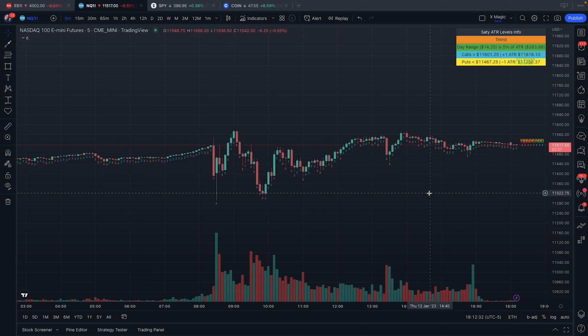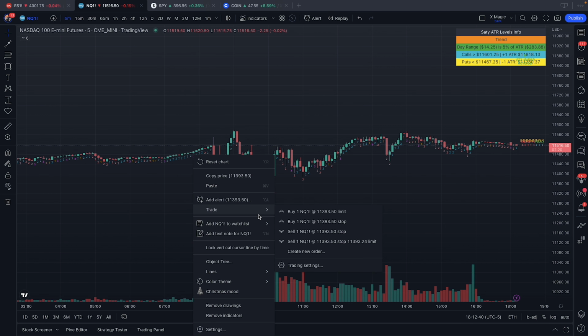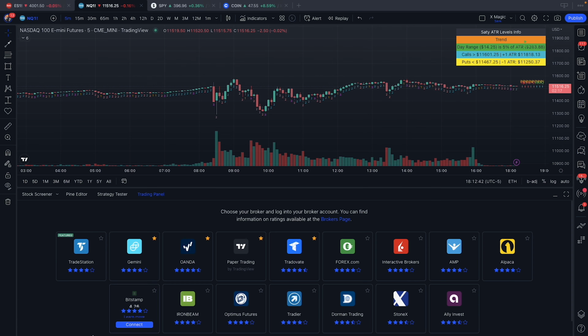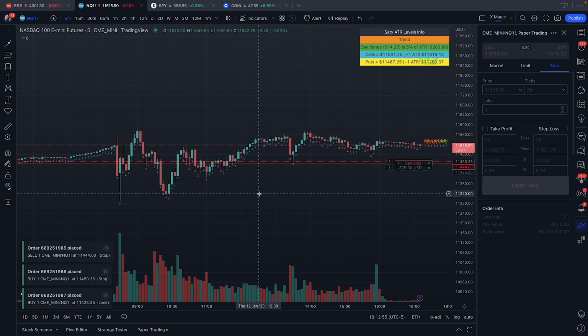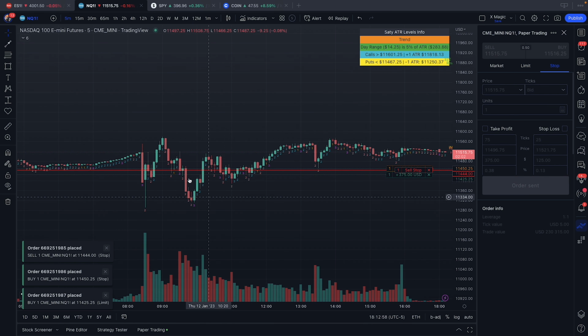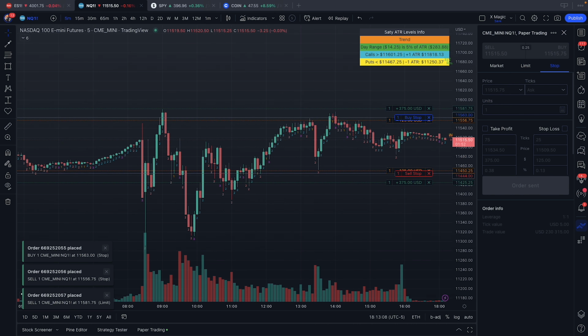And really quickly, for those who use TradingView, the way you do it, pretty straightforward. Let's log into the paper account real quick. For those who want to paper trade something like this, you can just set up a stop here, and you can adjust this to your liking, and then you can sell, or you can put a buy stop, and then just adjust the take profit, etc., however you want it.